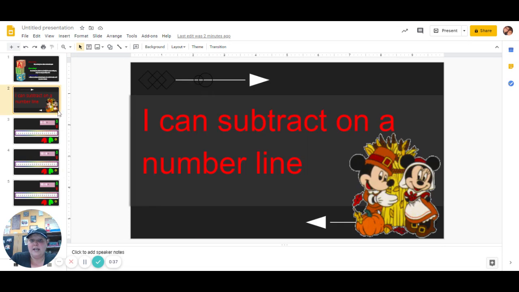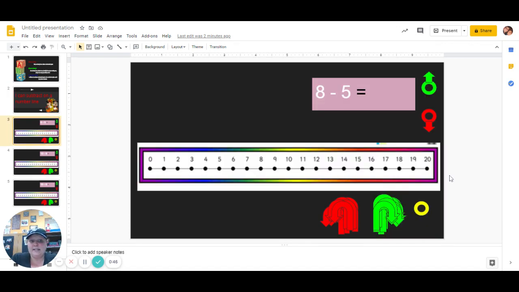Okay? So today your job is I can subtract on a number line. So we're going to be subtracting on a number line. So here you'll see I've given you a number line. I've given you materials in order to bounce on your number line, and your equation is going to be here in this pink box. So my first equation is 8 minus 5.